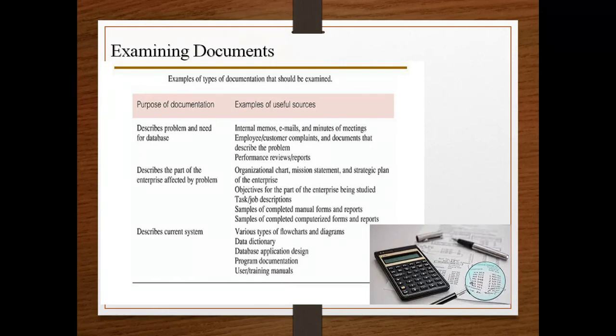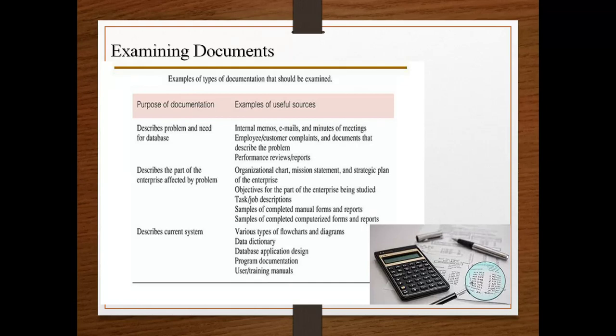So the documentation will describe the problem and the need for the database. Examples are internal memos, emails, minutes of meetings, employee and customer complaints, and so on. It will describe the part of the enterprise affected by the problem.